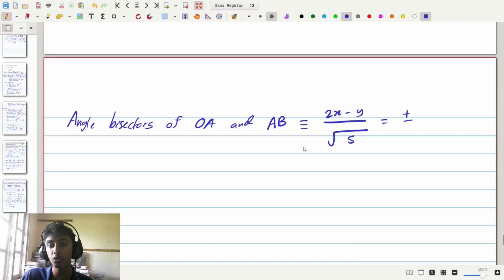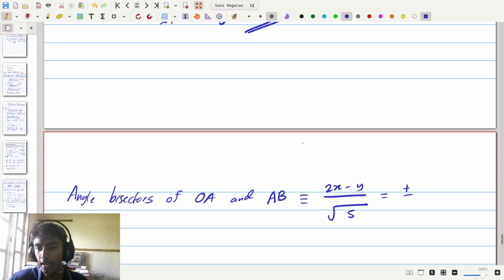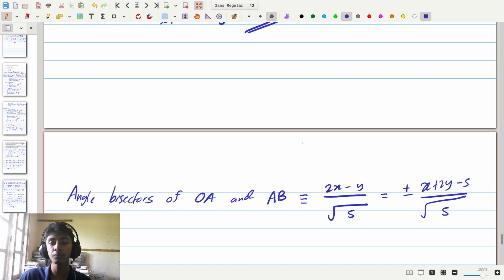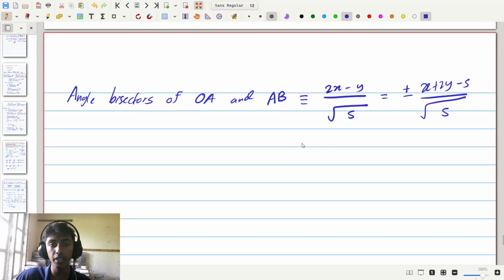So we have x plus 2y minus 5, divided by again the square root of a squared plus b squared, which is 1 squared plus 2 squared, the square root of 5, and therefore if we cancel out, we can see we have two cases.